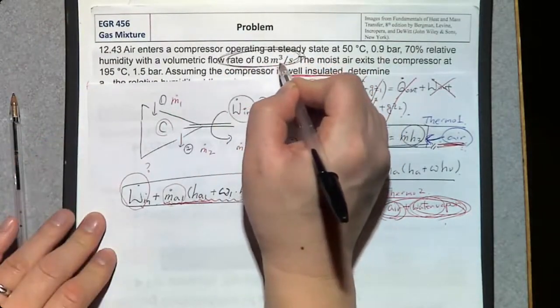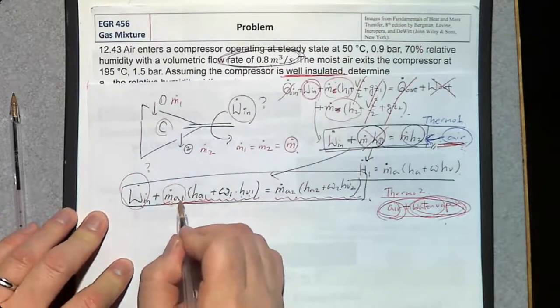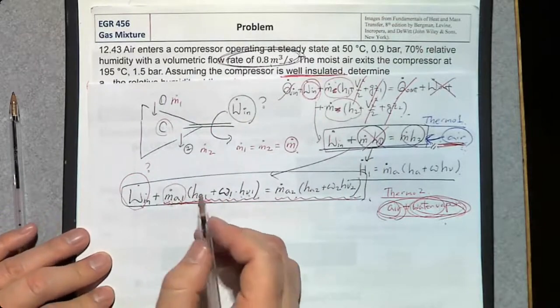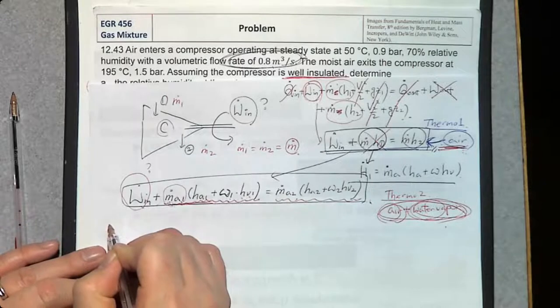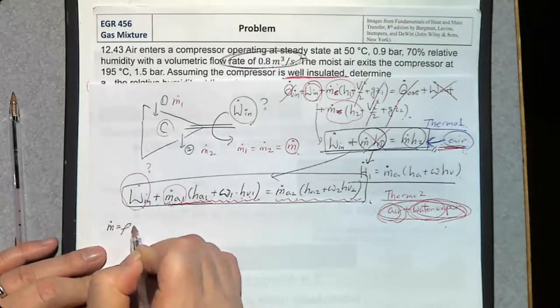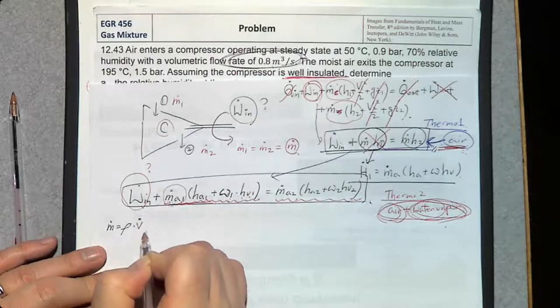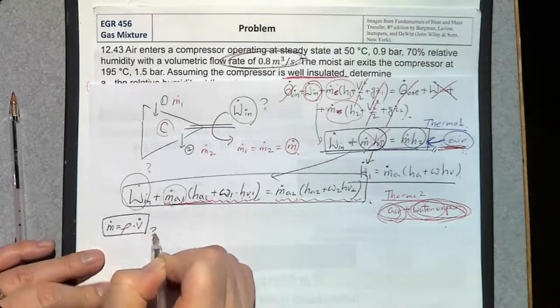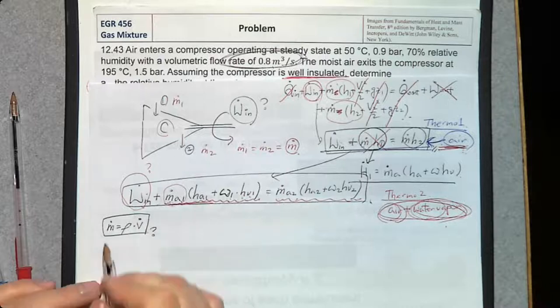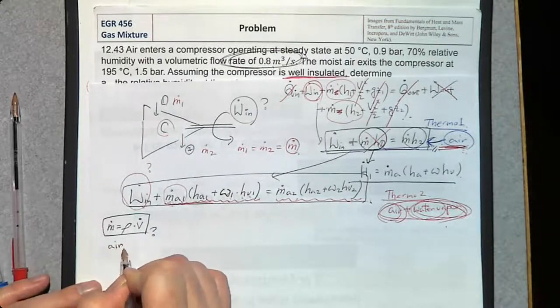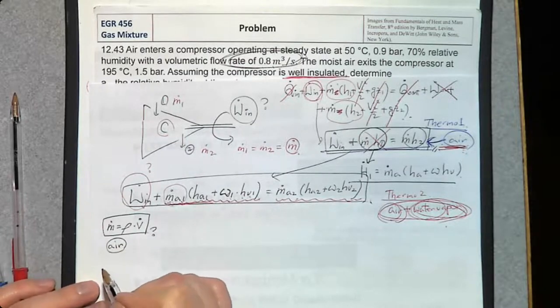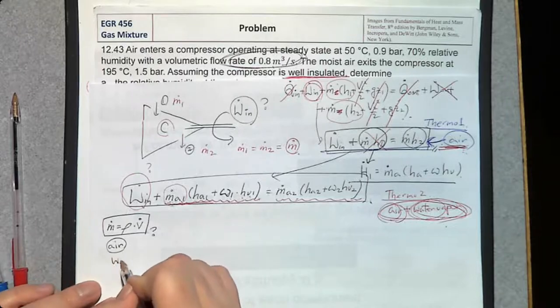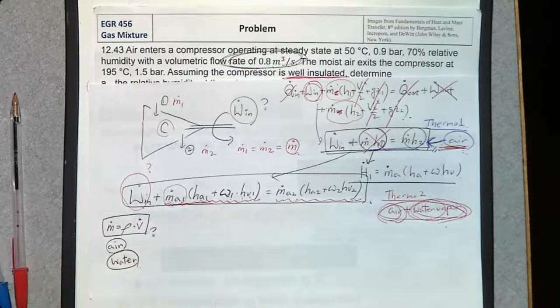How can we use the volumetric flow rate to calculate m dot a? Are we going to use this equation, which is m dot equals density times volume flow rate? We can use this equation if we have air only or water only. However, now we have a mixture.